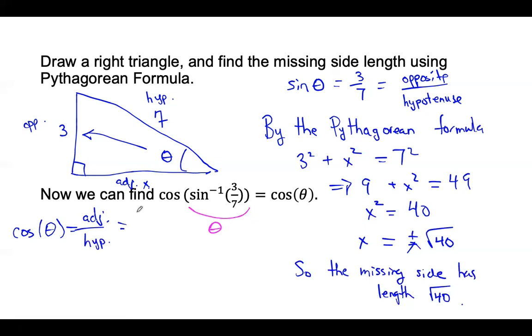So that's x divided by 7. And we found what our x was, square root of 40 divided by 7. Because we're using the same right triangle. I'll just make a little note here.